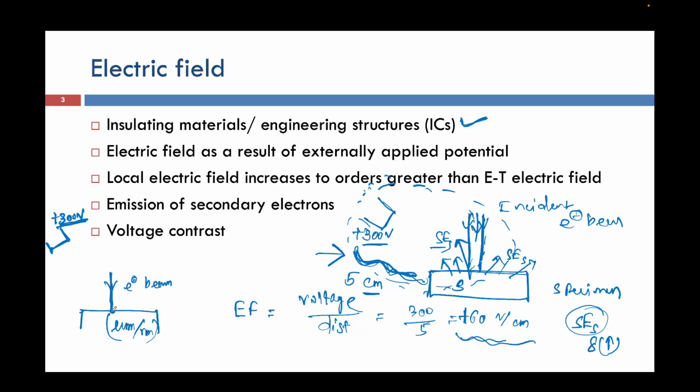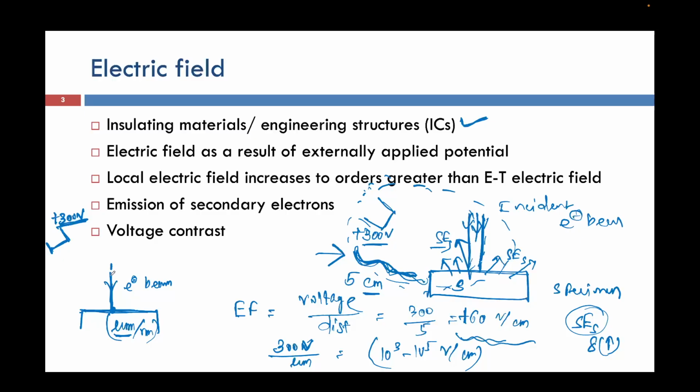If you divide 300 volt by some micrometer, the electric field generated on this surface will be in the order of 10 to the power 3 to 10 to the power 5 volt per centimeter, right?